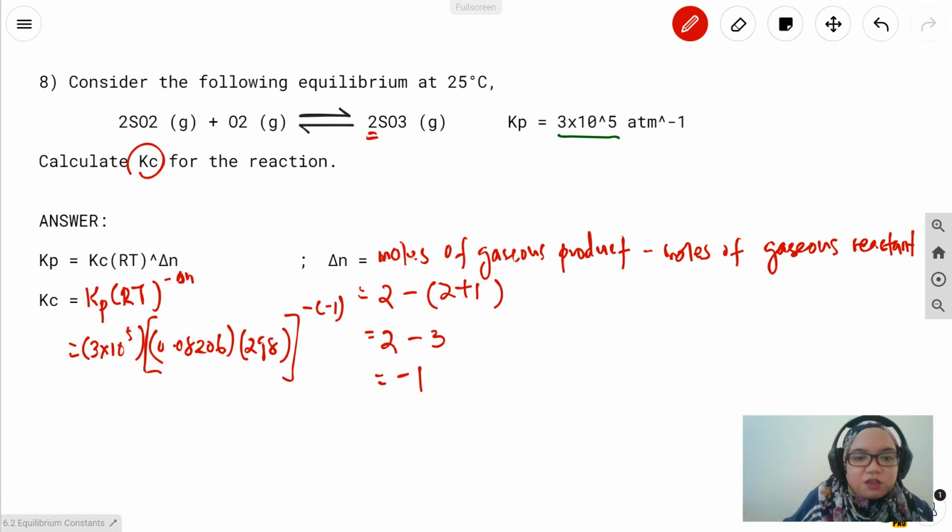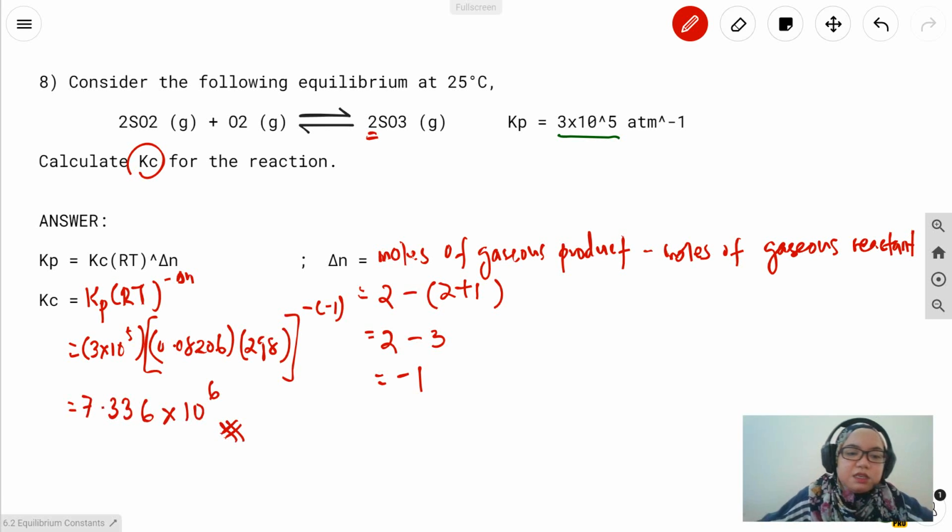So it becomes positive 1, right? So after you substitute everything, you will get Kc is equal to 7.336 times 10 to the power of 6. So this is what you get for Kc.